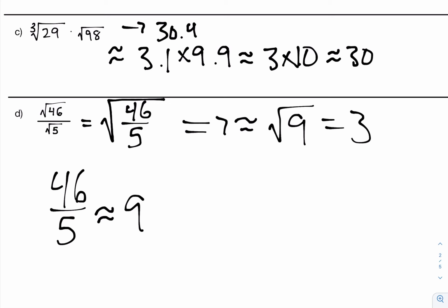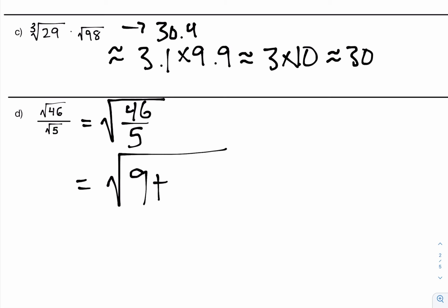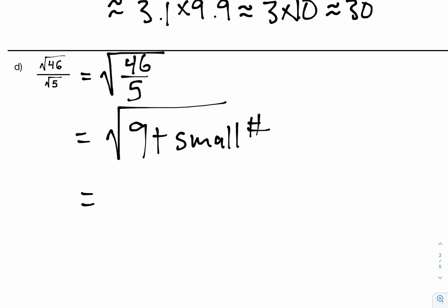Because 46 over 5, I'll write the square root of 9 plus a small number. If I actually do it in my calculator, that's 9.2. So if we were to square root that, this is going to be about, I'd say 3.1.